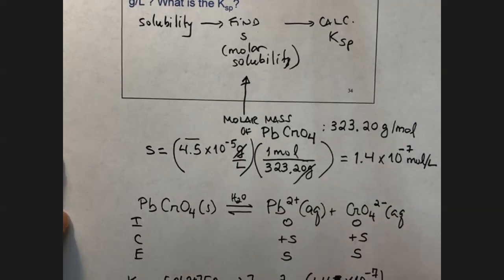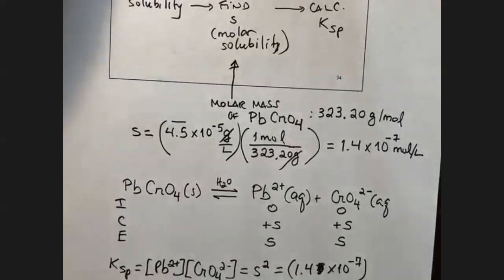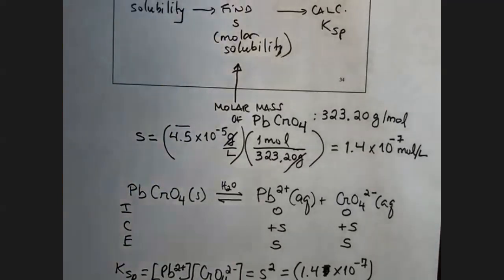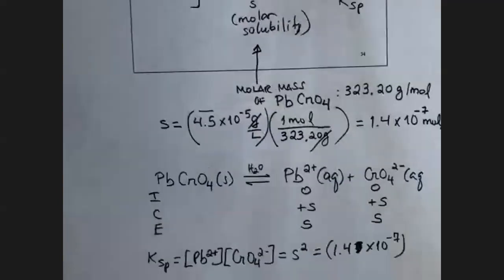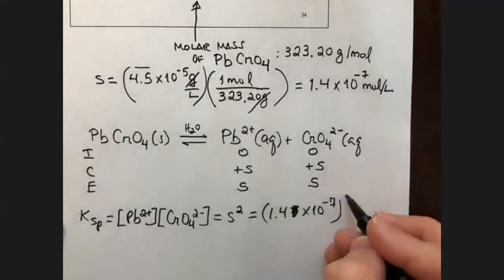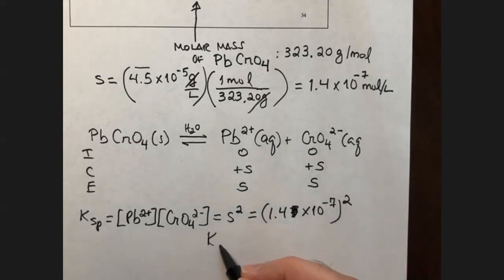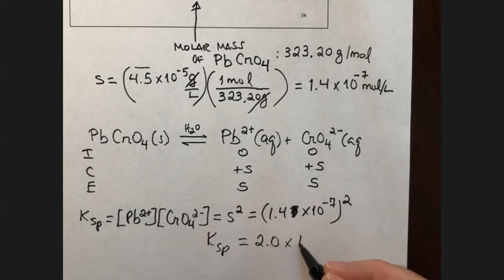And don't forget, Ksp, much like other equilibrium constants, does not require us to put units in it. Squared. And once you do your rounding, this should come up to something like 2.0 times 10 to the minus 14.